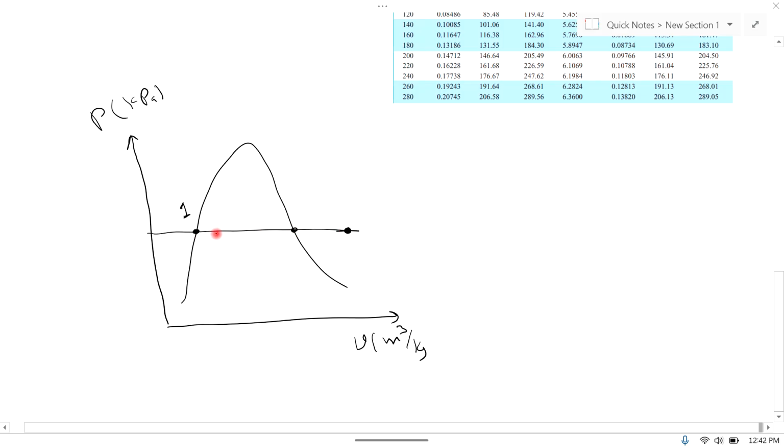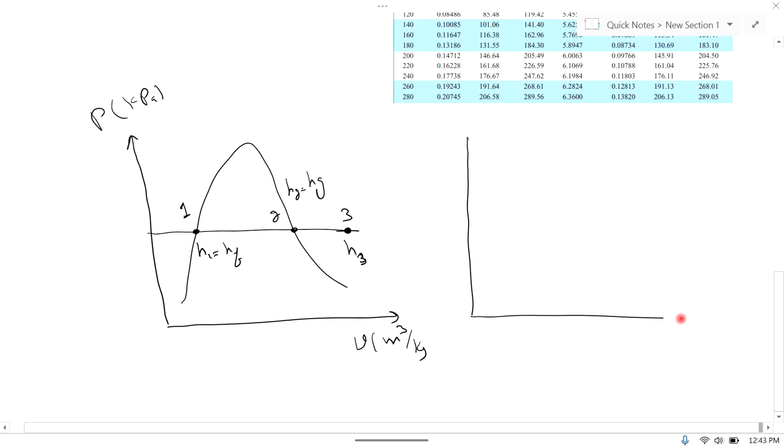At point 1, H1 is equal to Hf, at point 2, H2 is equal to Hg, and at the superheated state, H3 is found at the superheating temperature. We will find this with the help of the superheated table.